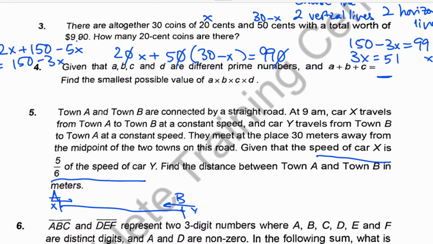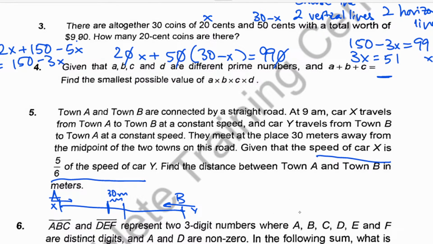Because X is slower, it must end up on the left side of the midpoint, 30 meters from it.